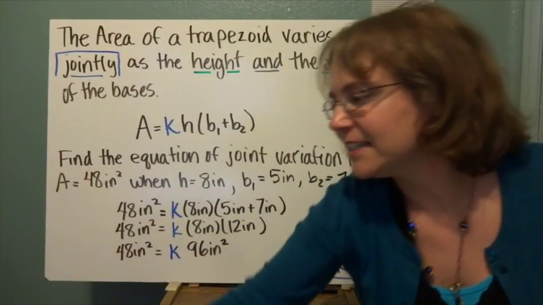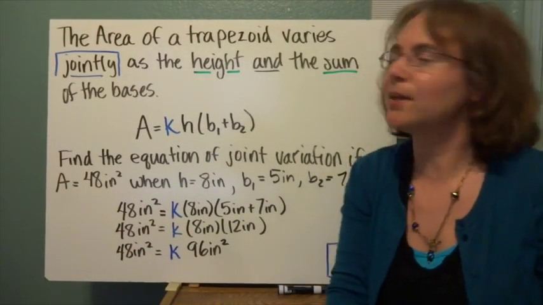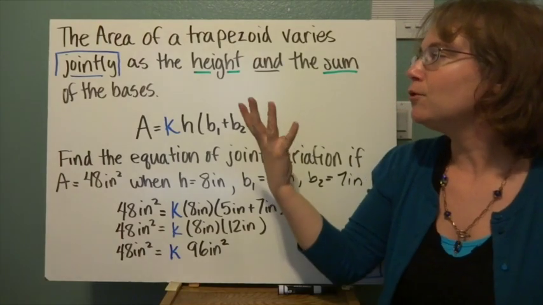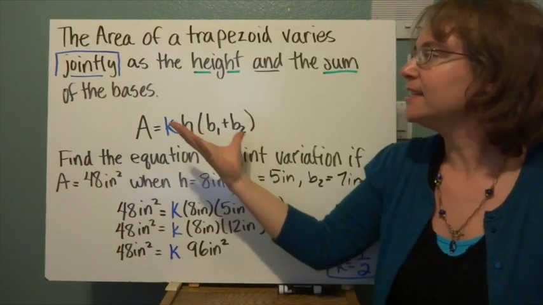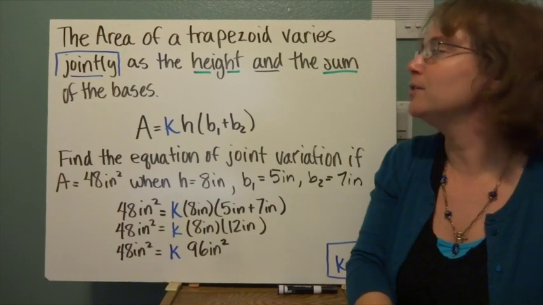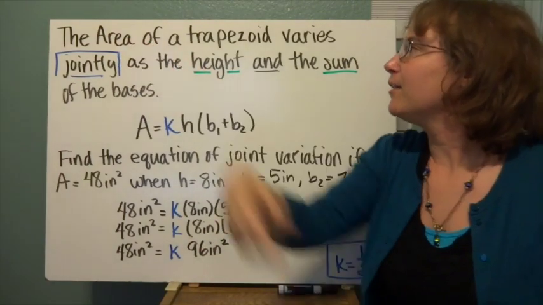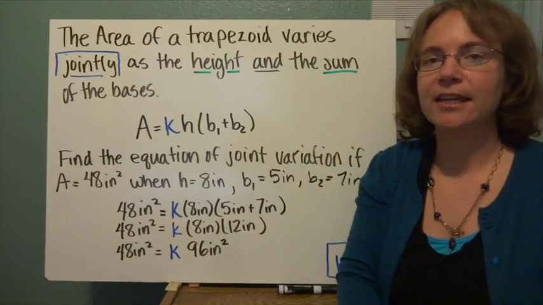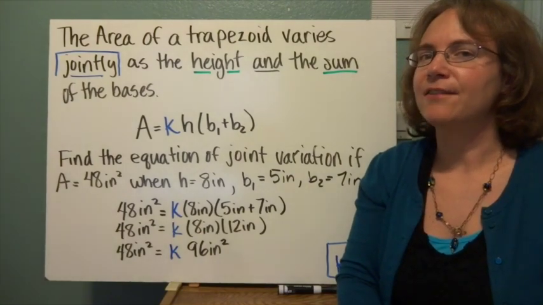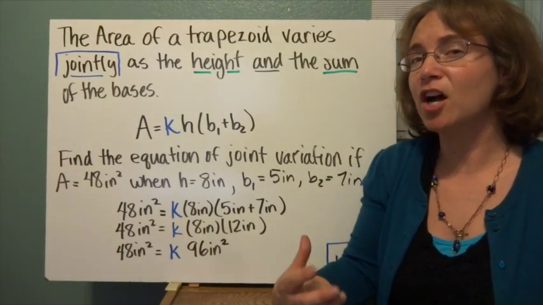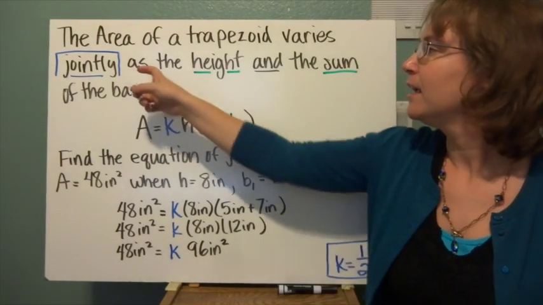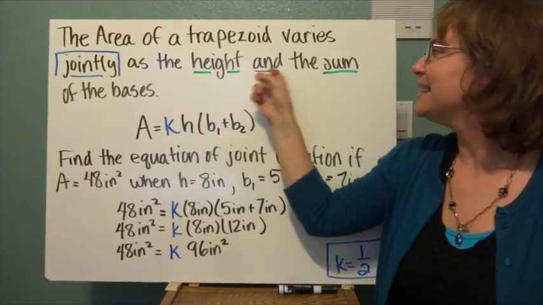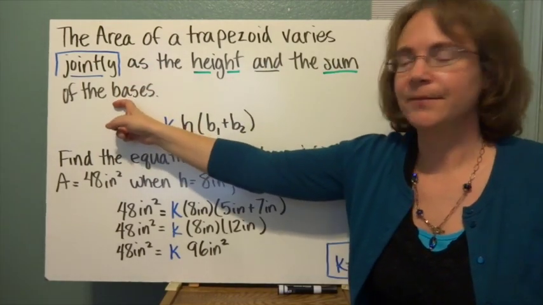So let's look at an example, and it's probably the most complicated example, but if you remember what joint variation is, you'll be able to take it step by step and do this type of problem. The area of a trapezoid varies jointly. So right away, you know you're going to have some variable equal to a constant times 2 other variables, the height and the sum of the bases.